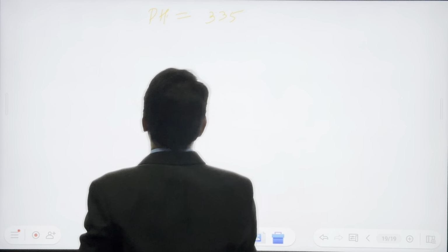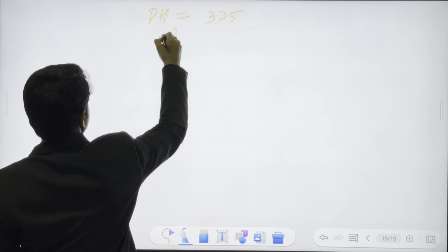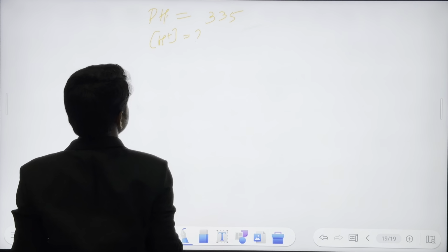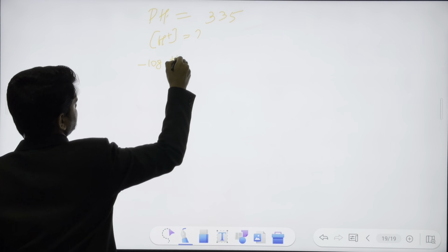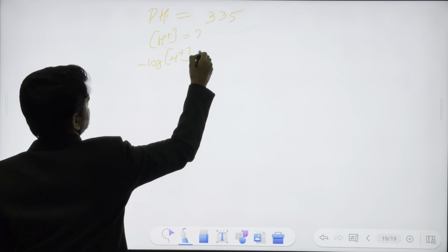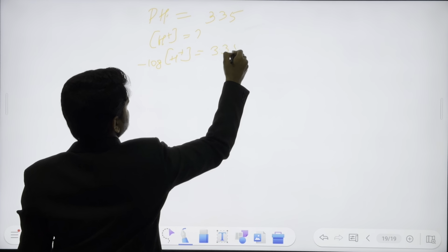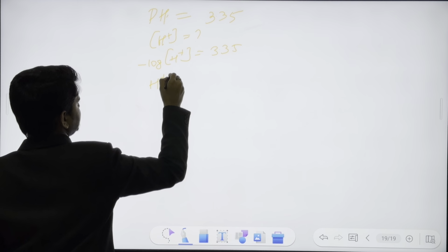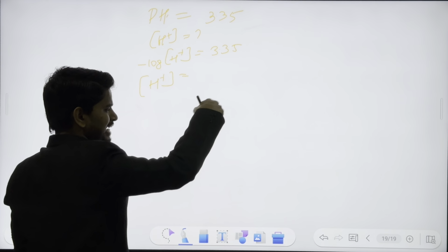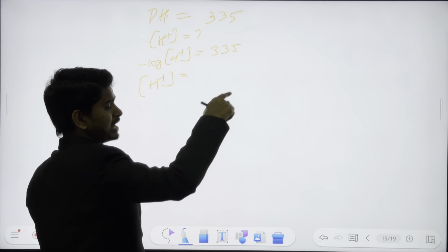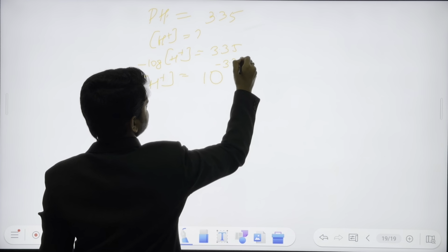So tell the H plus concentration. Minus log H plus is equal to 3.35. So we can say that H plus will be equal to, minus will go that side, then log will go that side and become anti-log. It is basically 10 to the power minus 3.35.